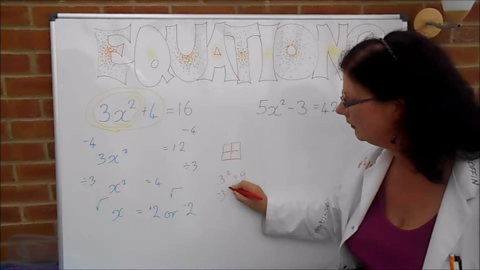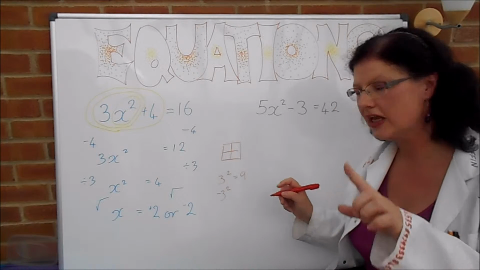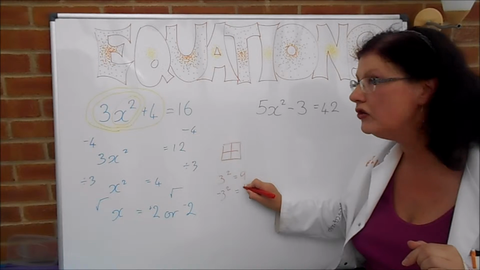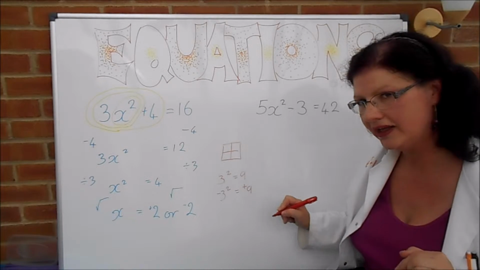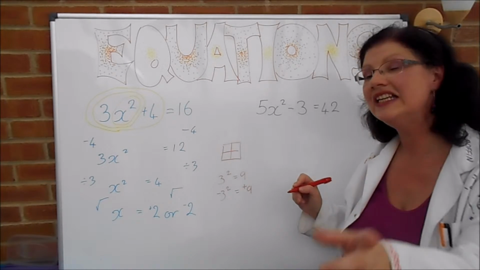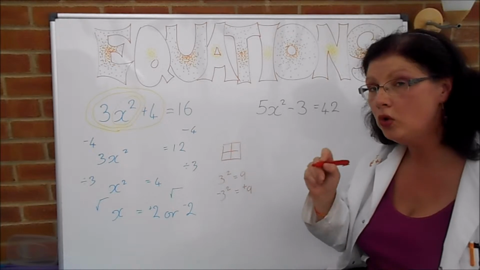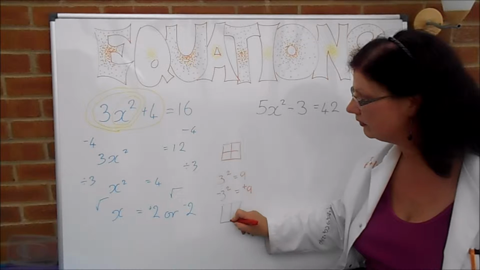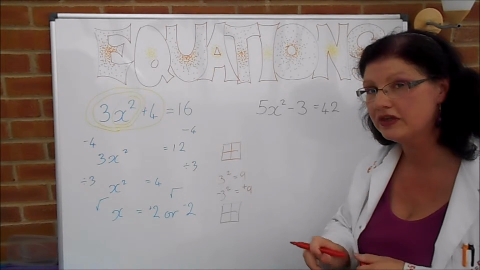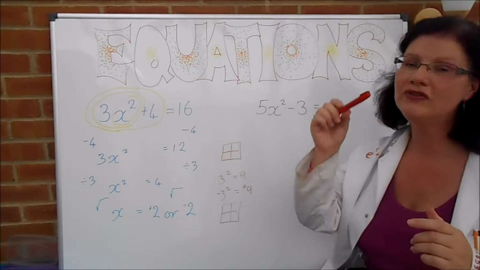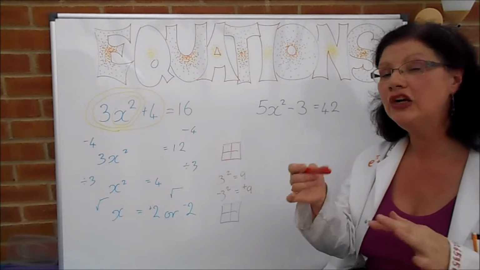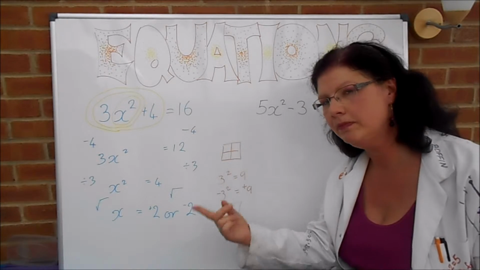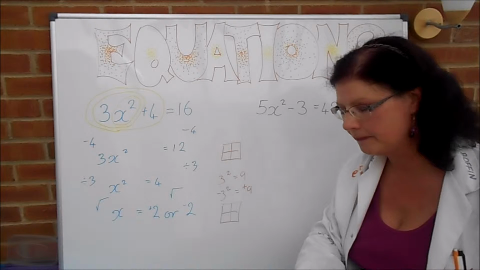Negative 3 squared, as in negative 3 times negative 3, is positive 9. All squares are positive. Which means that even if you take a negative number and you square it, you still get a positive number in the answer.